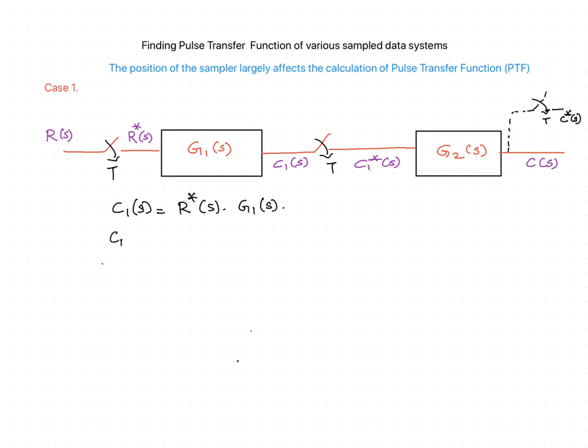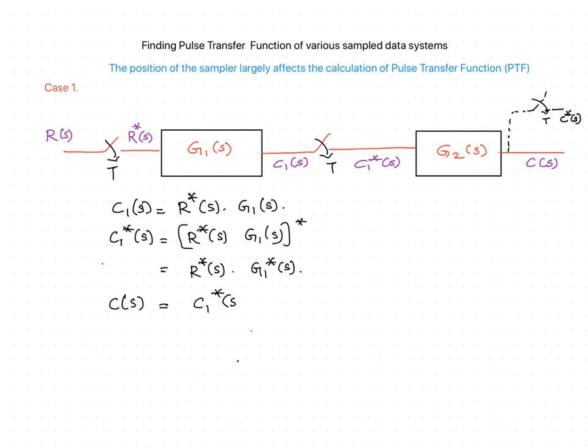and C1 star of S is equal to R star of S into G1 of S star, that is R star of S into G1 star of S, and C of S is equal to C1 star of S into G2 of S. So C star of S is equal to C1 star of S into G2 of S star.